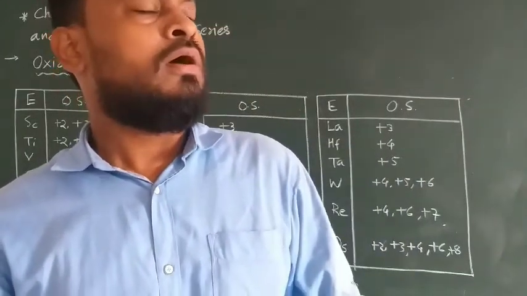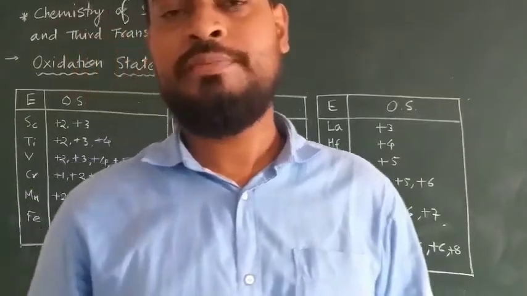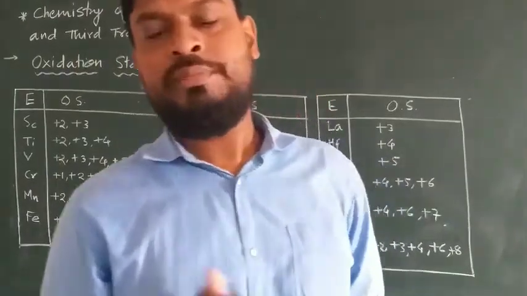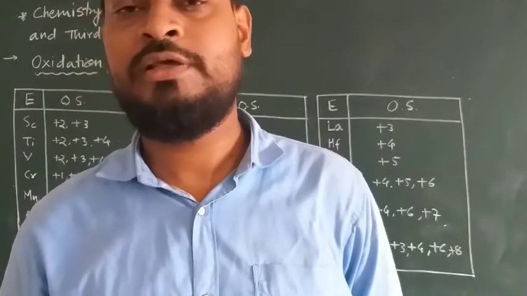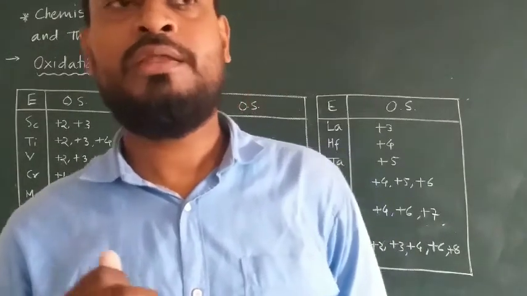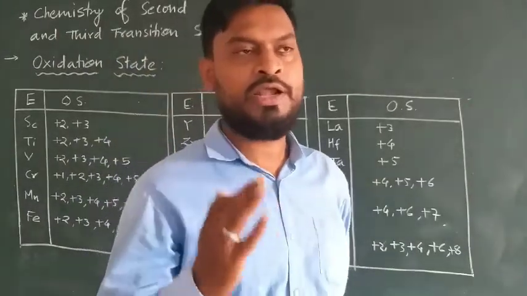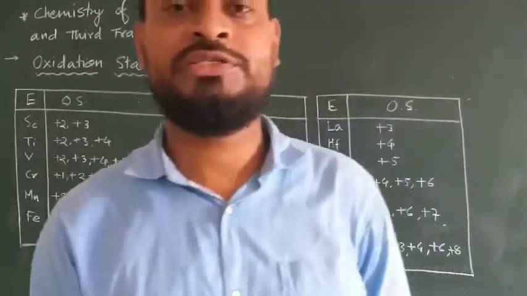So when we discuss the first transition series elements, if you remember, the minimum oxidation state of that first transition series element is +1. And why is it +1? Because in the 4s orbital, please try to remember, because we already covered that first transition series.